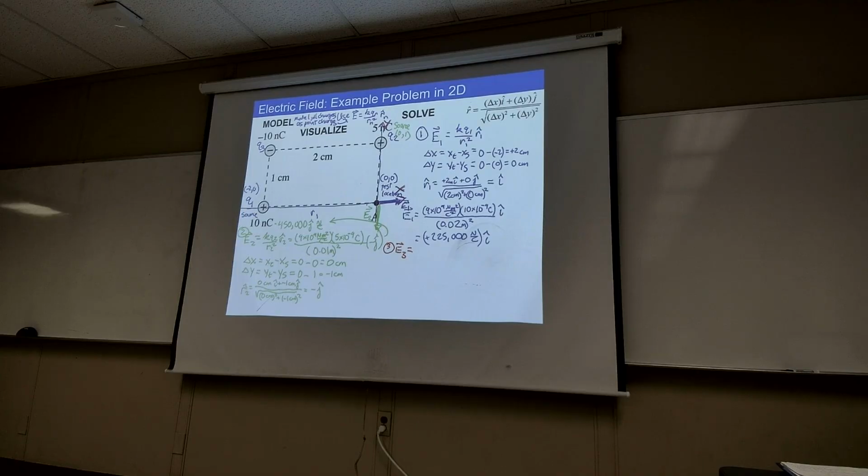So it's going to be 0, 2, 2, 2, 3, squared. This is the distance here, this is actually the square root of 5, right? But it's in centimeters, so convert to meters, and then square. So just be careful about that.